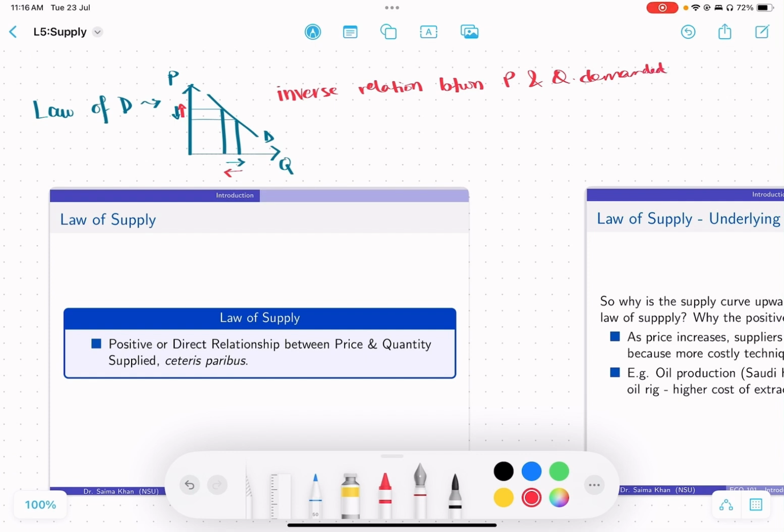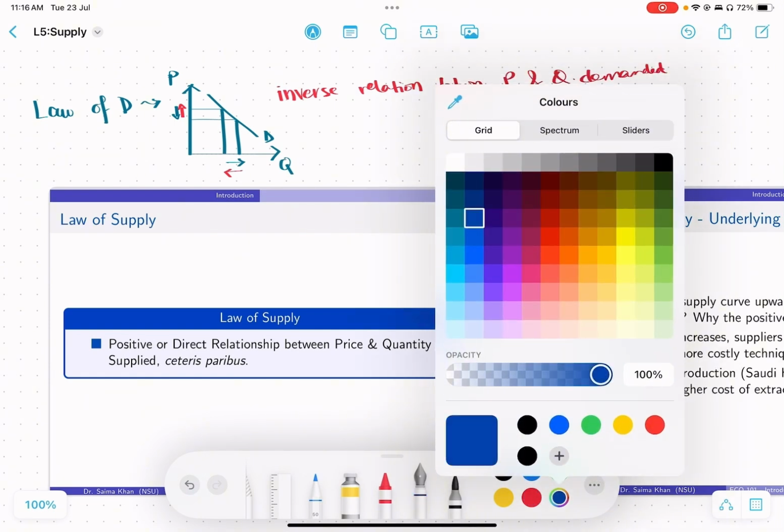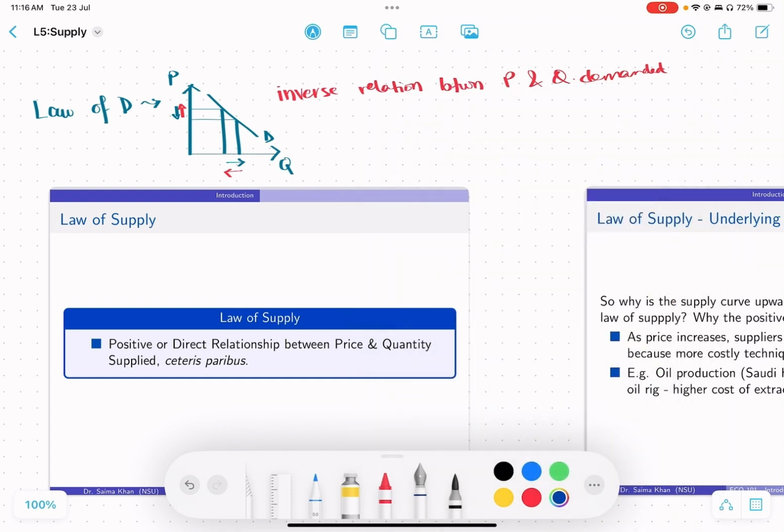Now we are coming to the law of supply. The law of supply basically tells us that there's a positive relationship between price and quantity supplied.